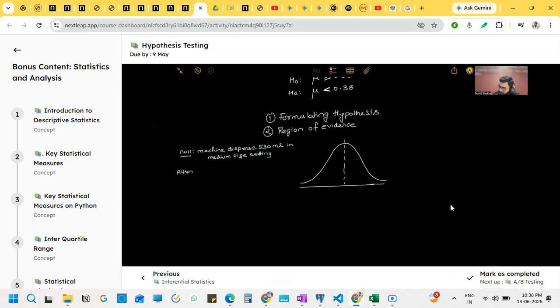The alternative is the machine is dispensing more than 530 ml. Let's assume this is 530.